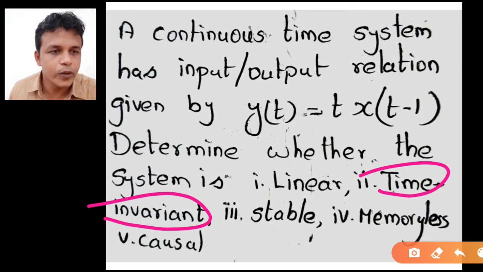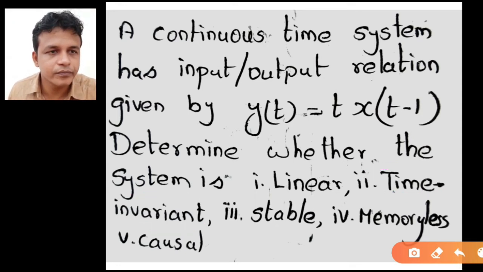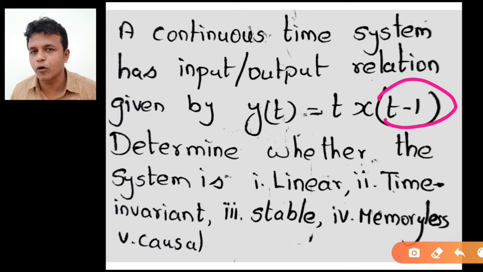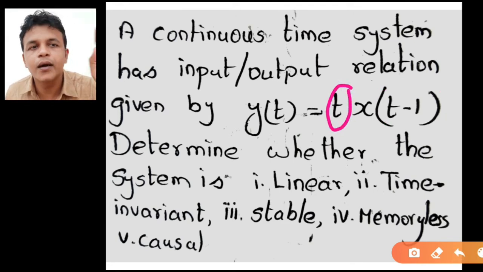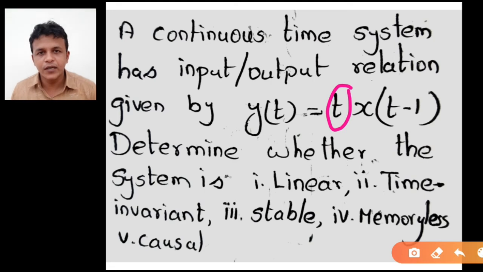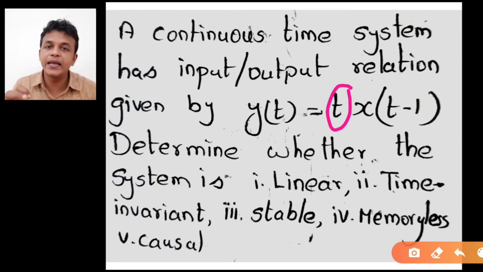But here we have time shifting, there is no problem in that, but look at the scaling of amplitude. It is scaled by a factor which is dependent on time. It is not scaled by any constant value; instead it is scaled by time.